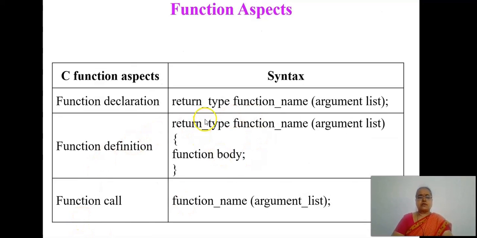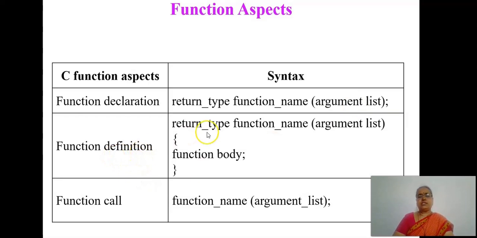So this is the syntax of function declaration, definition, and calling statement. In the declaration, you have three parts: return type, name of the function, and argument list. The return type represents the data type of the data returned by the function, and this is the function name. And the arguments represent the names of the variables which the function accepts as input.